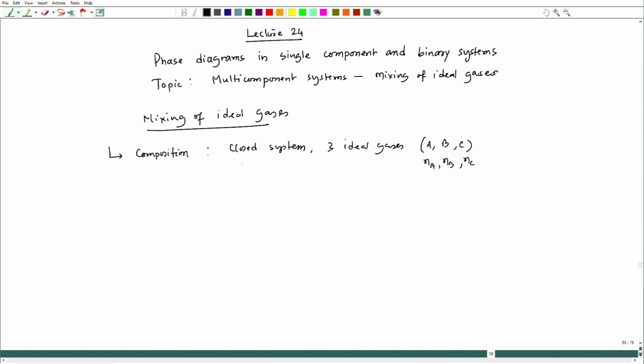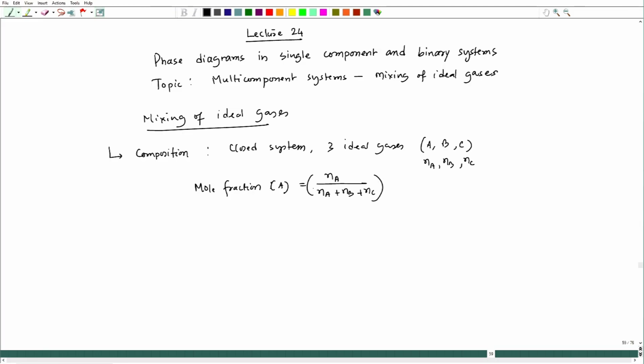Then I can calculate the composition of each of the components, in terms of mole fraction. The mole fraction of A, denoted as Xa, I can write as Na over Na plus Nb plus Nc.